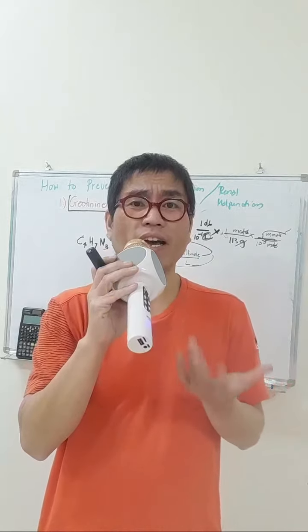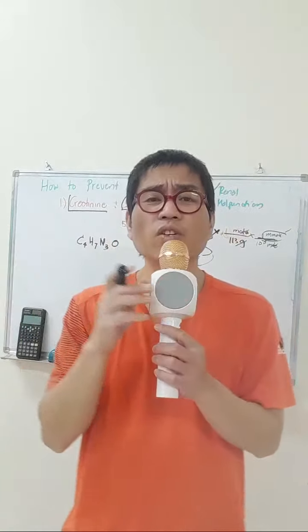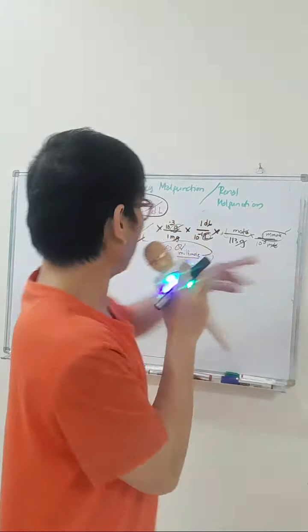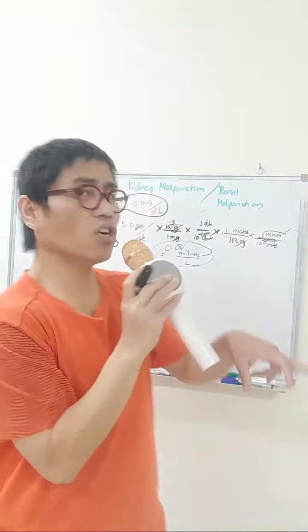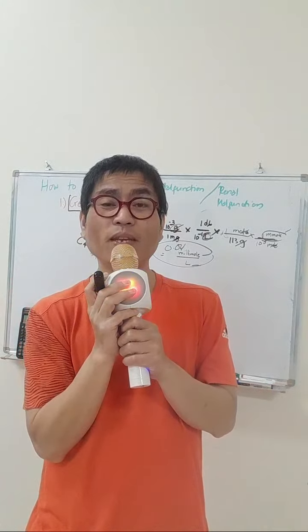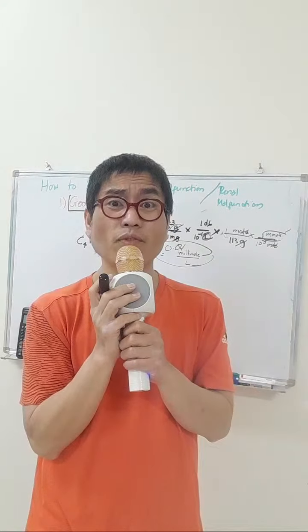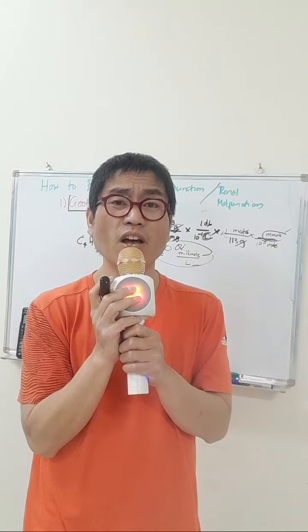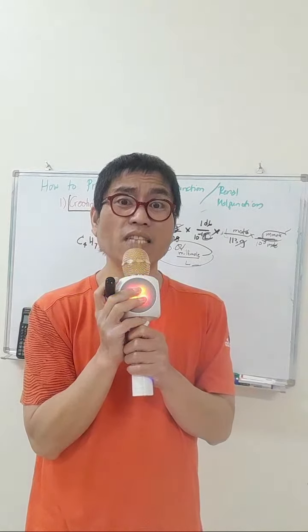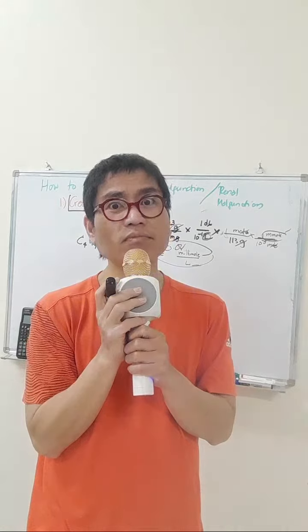If you have a creatinine level above 5 milligrams per deciliter, this can cause kidney malfunction and renal malfunction. Meaning to say, your catabolism or metabolism of waste products from your muscles is very weak and slow because of the presence of creatinine.